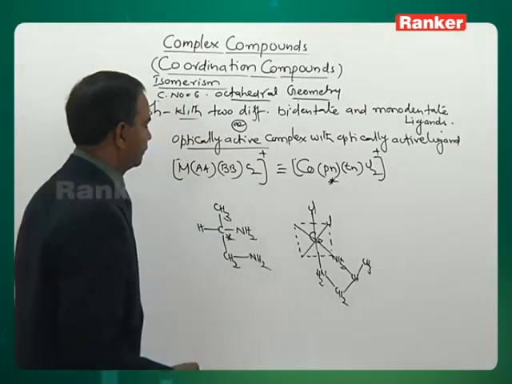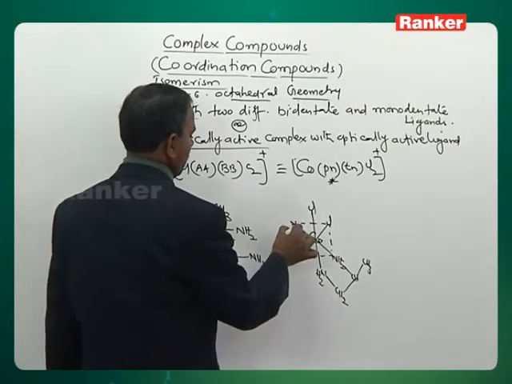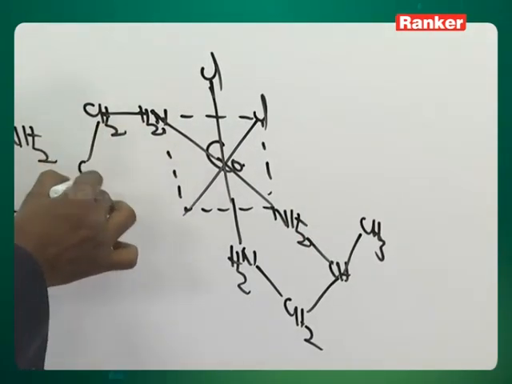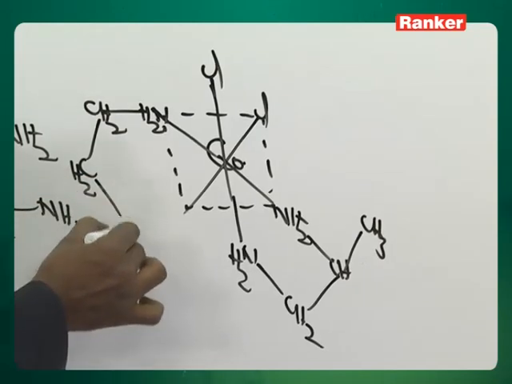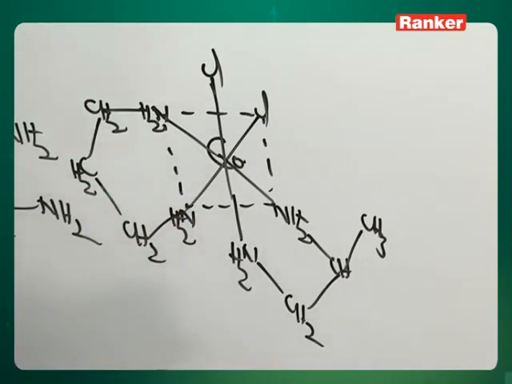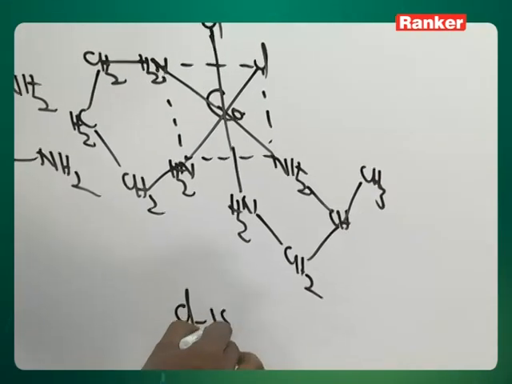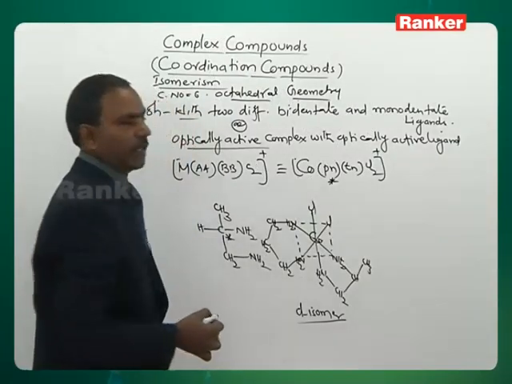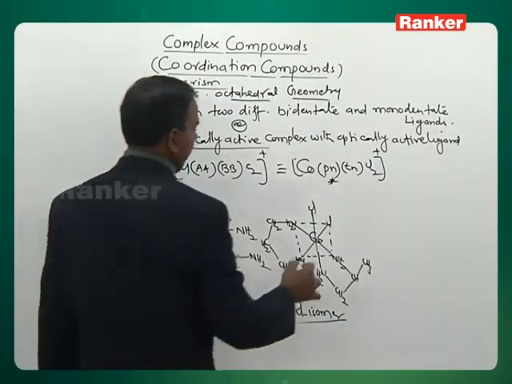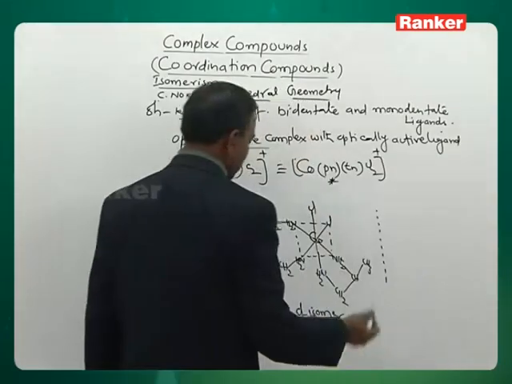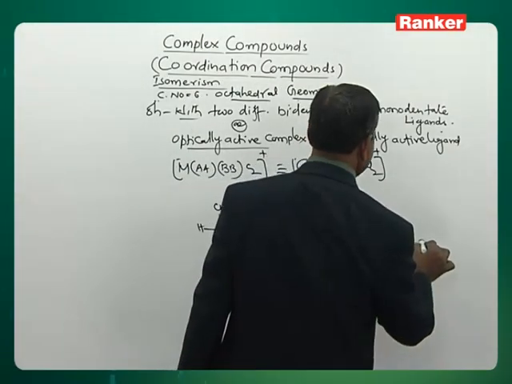This is pn. One is tn. Take this as D isomer. Right, next the mirror image of this is the L isomer, same complex.